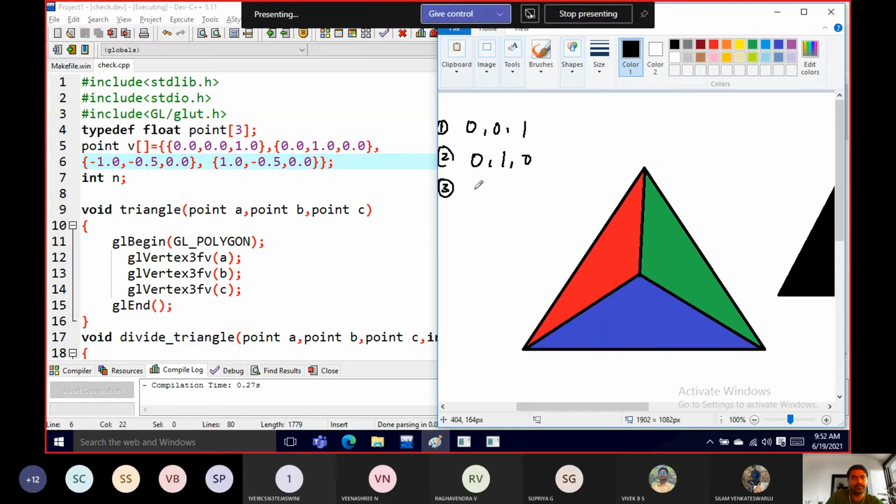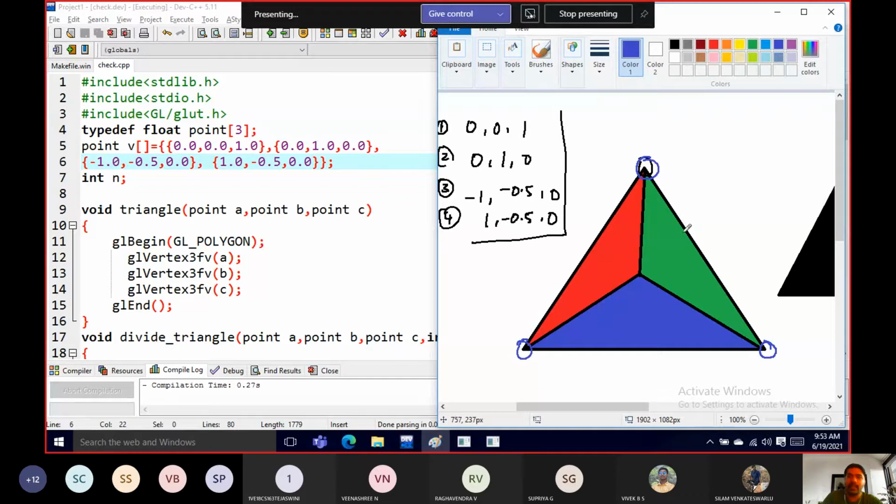For the third point, it is -1, -0.5, and 0. And the fourth one is 1, -0.5, and 0. These 4 values will determine these edge values.